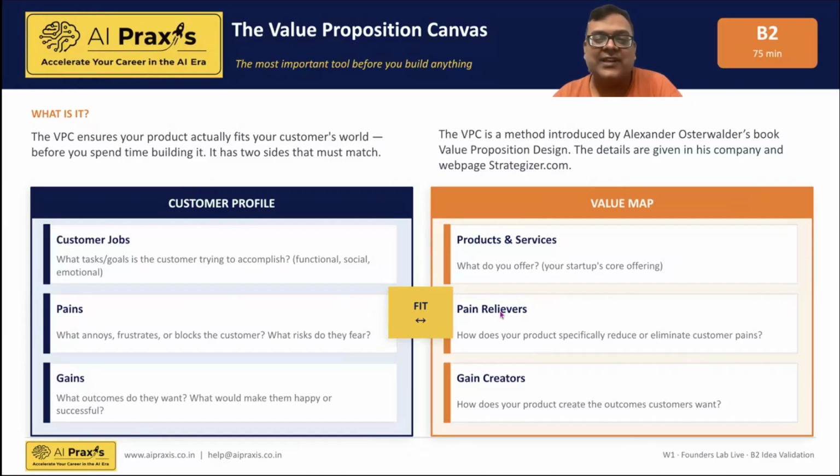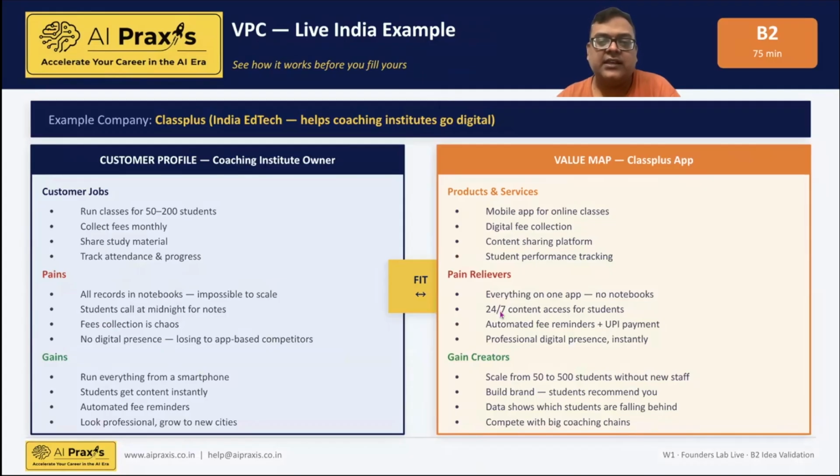All right, so we'll now move to the next slide, which is the value proposition canvas. We are taking an example of a startup which has recently gained enough traction, and you can check on the internet. The name of the startup is Class Plus.